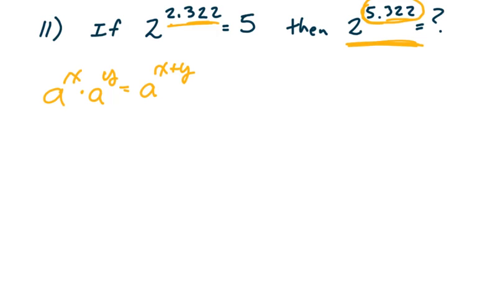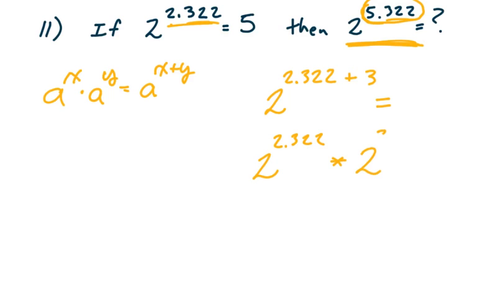Okay, so let's try it out. All right, so I have 2, and then I want to make it be like 2.322. And then I got to add something to it to get 5.322. Well, if I add 3 to it, right? 3 plus 2 is 5, and then I have my 0.322 there. Okay, let's break that up into 2 to the 2.322 times 2 to the third.